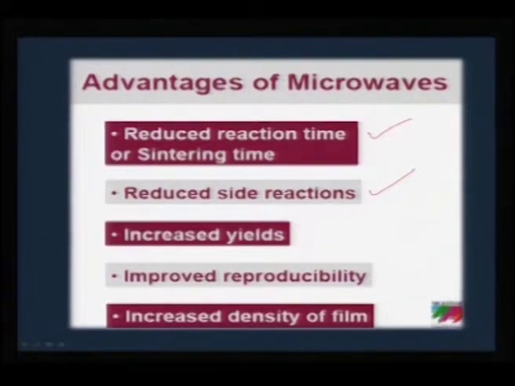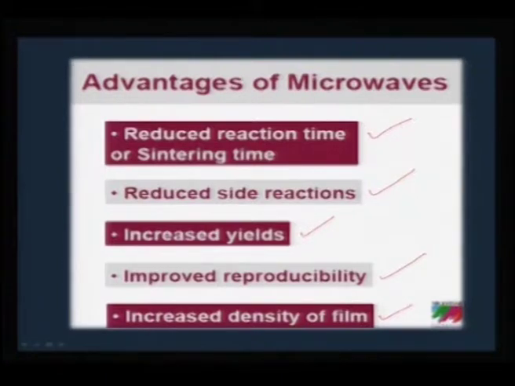In today's lecture, I will not be able to give you more examples on organic synthesis. I will concentrate more on inorganic materials, and another thing is it is more specific in nature, and therefore increases the yield of the reaction, and it gives improved reproducibility and also increased density of film when we try for some film fabrication approaches.